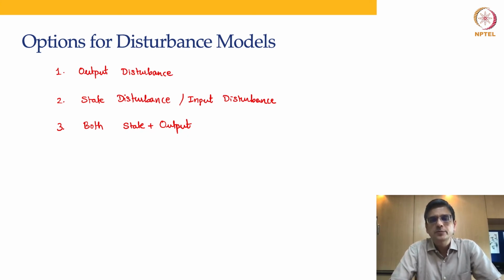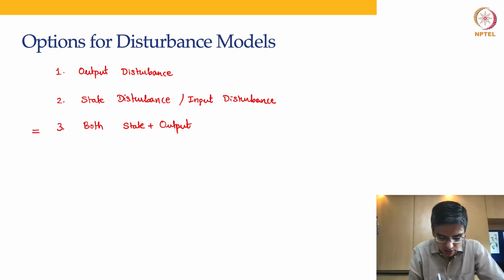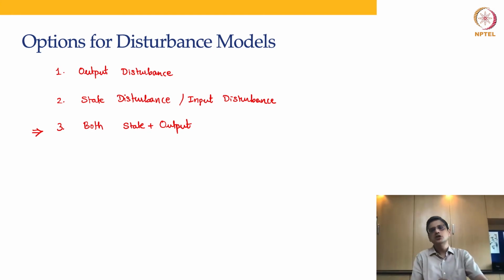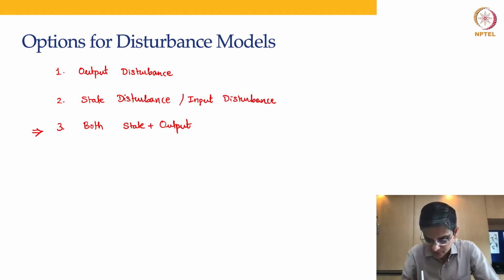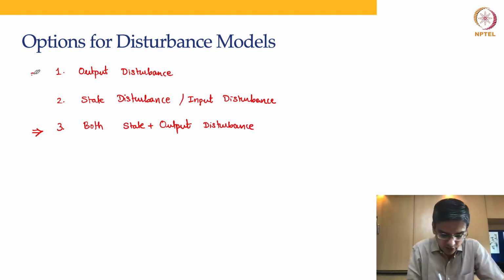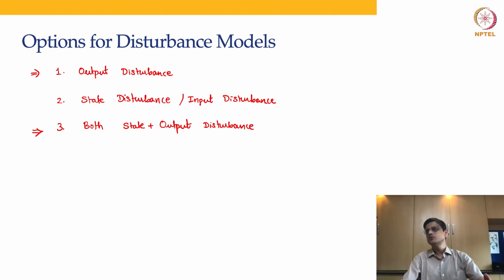Okay, now you would be tempted to use both state and output disturbance model, but we need to have caution before we go ahead and add disturbances in a crazy manner. The other way, you would be tempted to add just the output disturbance model, because that very nicely gels with the DMC algorithm that we talked about.